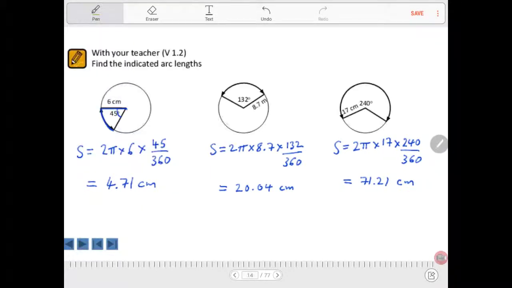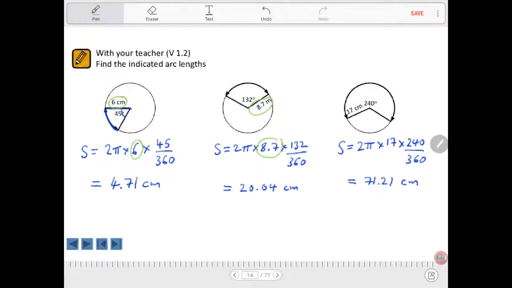So if you're still a bit confused about what's happening, one way to think about it is that the number for the radius just goes on its own in the equation, in the middle like that.